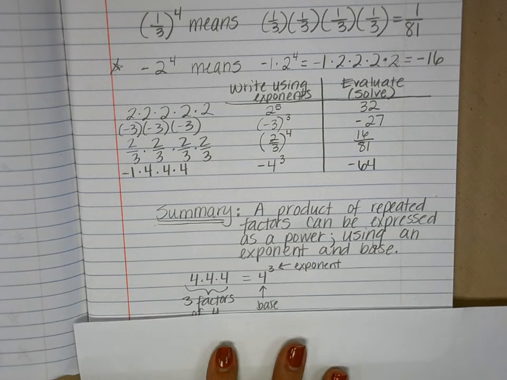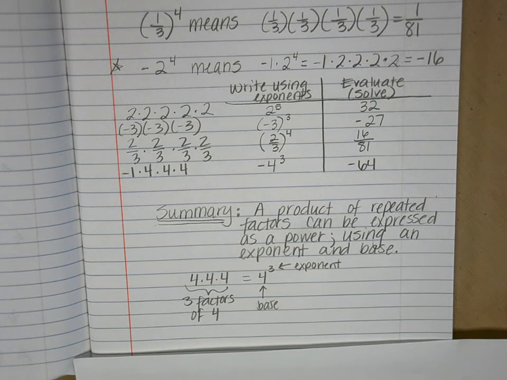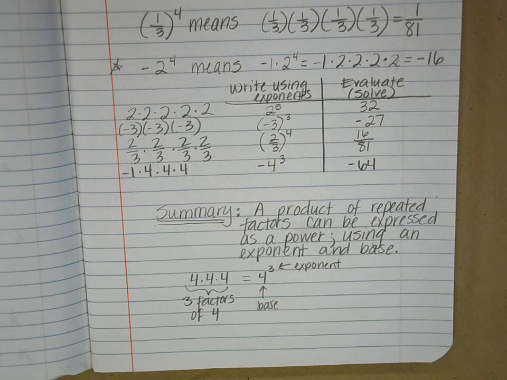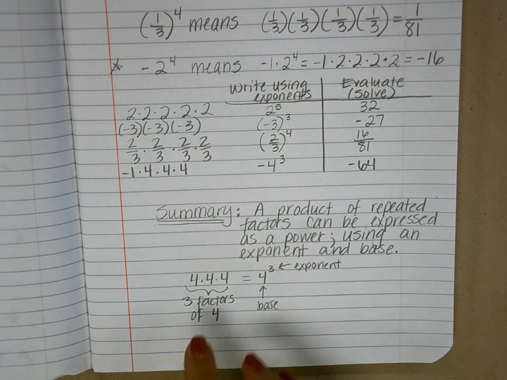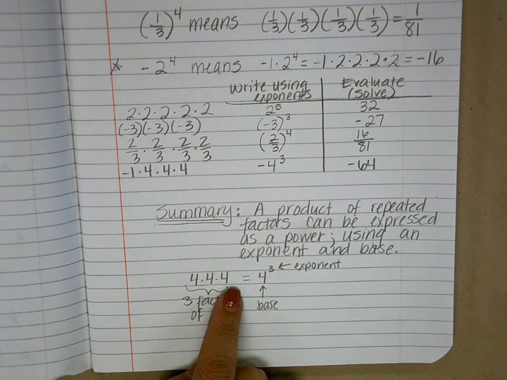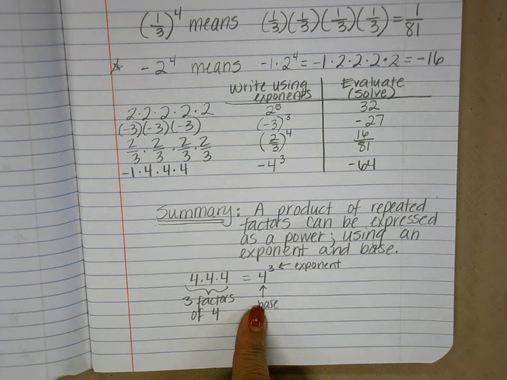Here's a little example for you. So factors are the 4s, right? It's the base and the exponent.